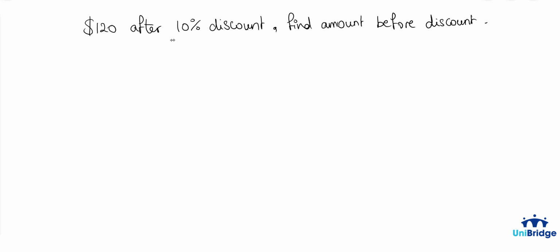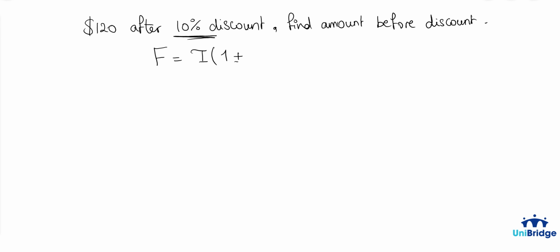Notice that this 120 is after a certain discount, and you want the amount before the discount. If you remember, our rule is final equals initial multiplied by 1 plus or minus the percent. But the 120 is the amount after the discount, so this is actually what you paid, making this your final amount. So I'm not going to plug it in replacing the initial the way I did with the previous one, but I'm going to plug it in replacing the final.